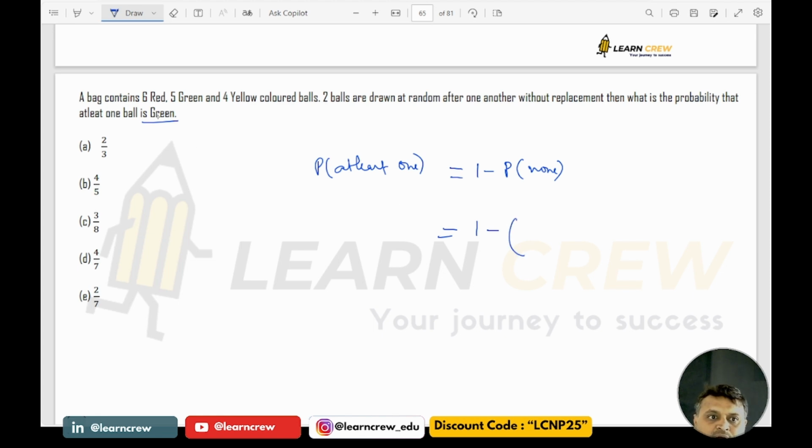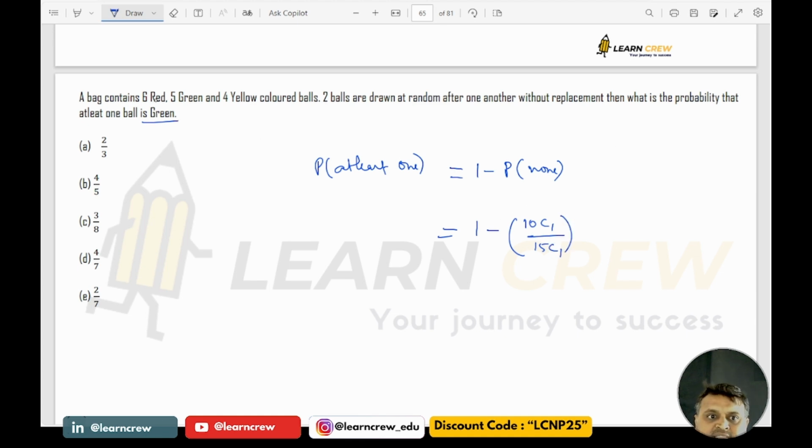So red and yellow. You can say it is 10C1 by 15C1, total 15.